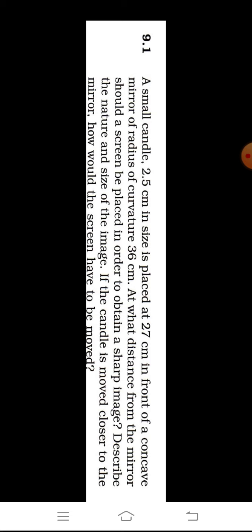Our interest is to calculate the image distance. After that, we want to calculate the nature, that is the type of the image, and the size of the image, which we can calculate from magnification. And at last, if the candle is moved closer to the mirror, how should the screen be moved?